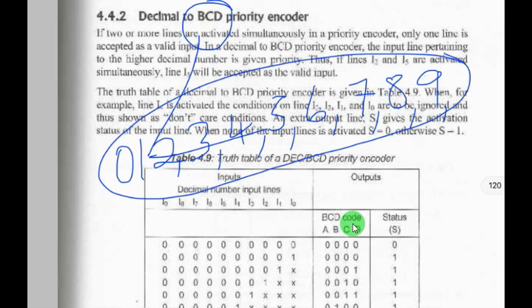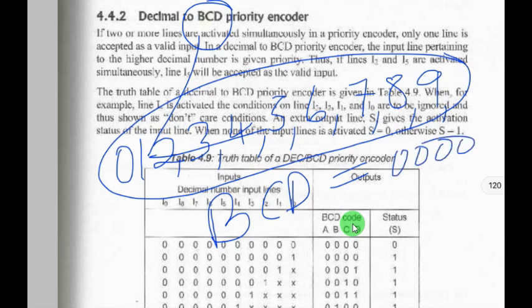You remember we said that a BCD number only has 4 binary bits, 0, 0, 0, 0. And if I told you that 27 is a decimal number, to convert it to pure binary you simply need to do divisions. 27 divided by 2, and so on.